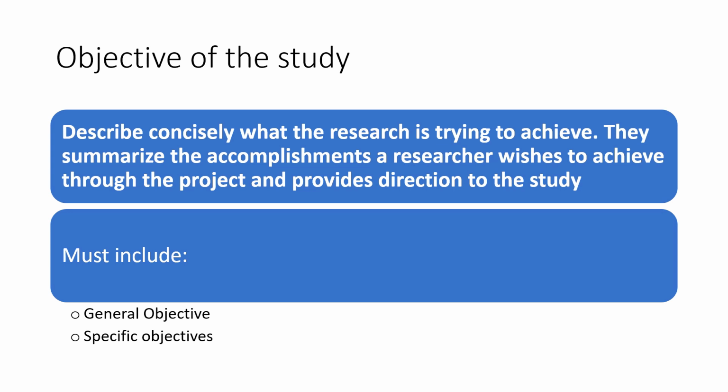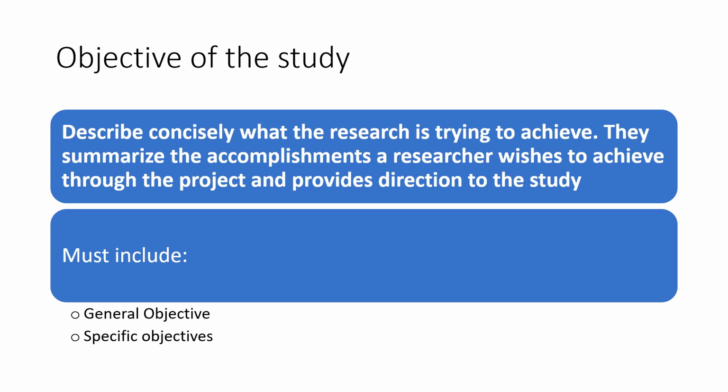Using your conceptual framework, the objective of the study describes concisely what the research is trying to achieve. They summarize the accomplishments the research wishes to make. It must include a general objective and specific objectives.